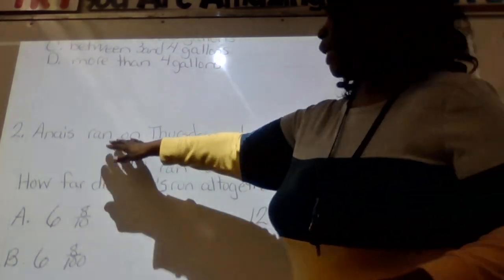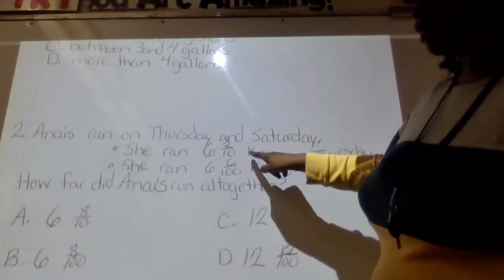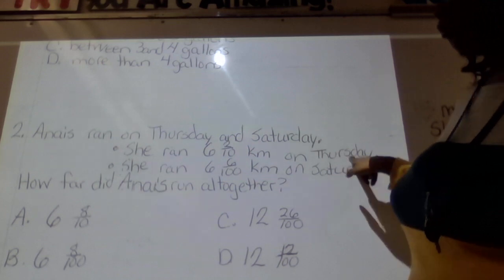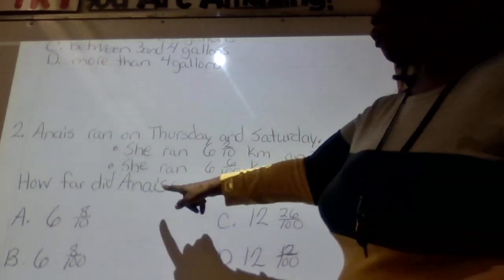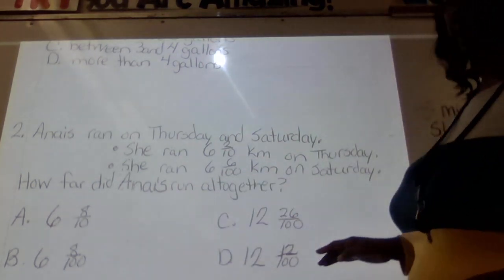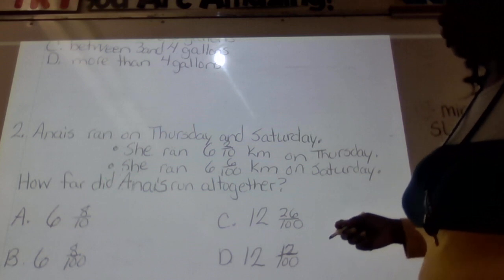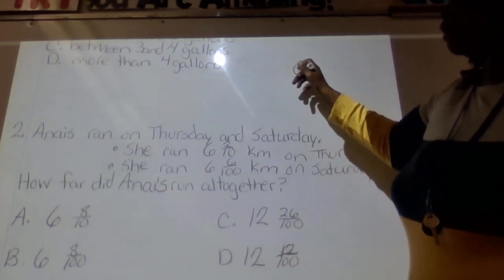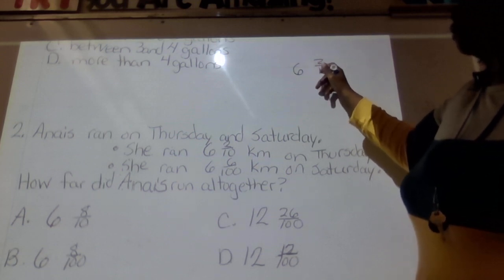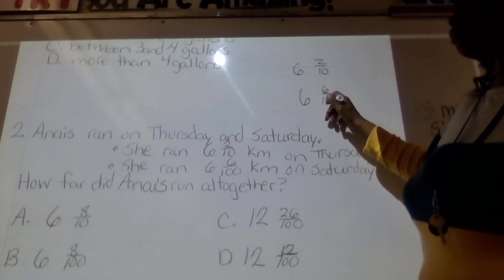It says, Anais ran on Thursday and Saturday. She ran 6 2/10 kilometers on Thursday. She ran 6 6/100 kilometers on Saturday. How far did Anais run altogether? So now we're going to label. We're going to draw out what we're talking about. So we have 6 2/10, and we have 6 and 6 over 100.